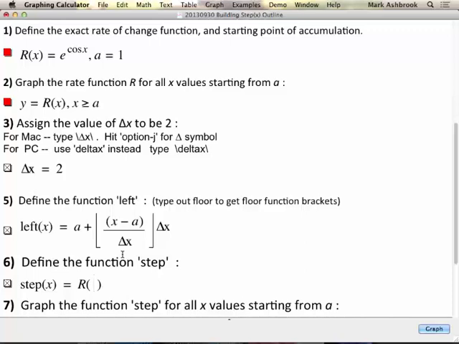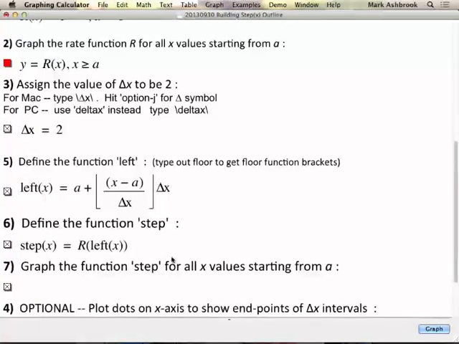Left X. The output of left X is the X value at the left side of the interval. We're going to find the rate at that value. And then we're going to graph step. How do we graph? Y equals... or X greater than or equal to A.